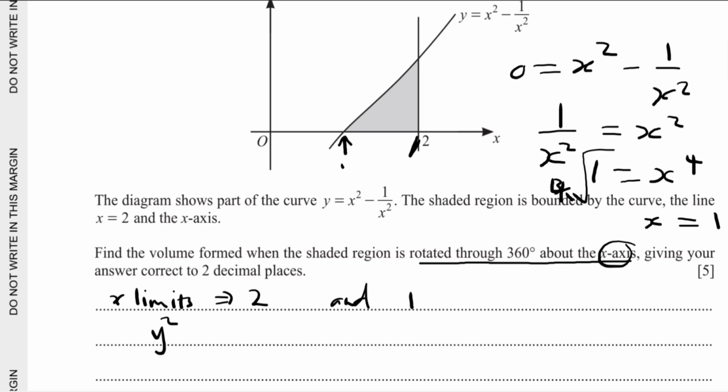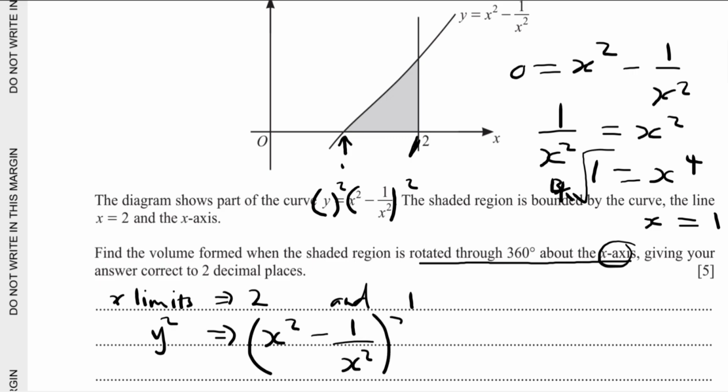But here, because they said it's being rotated about the x-axis, we're going to need an expression in y squared. And for us to get that, since we're given y, we're just going to square both sides. So y squared will be x squared minus 1 over x squared, all squared, and using these limits.